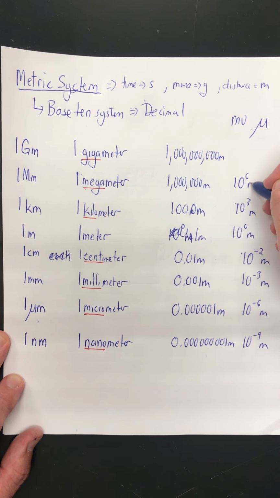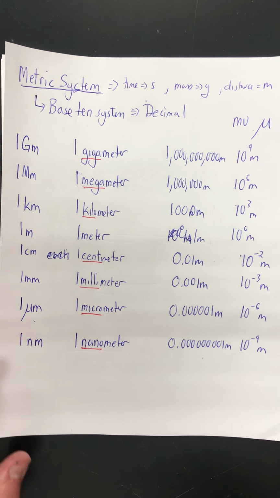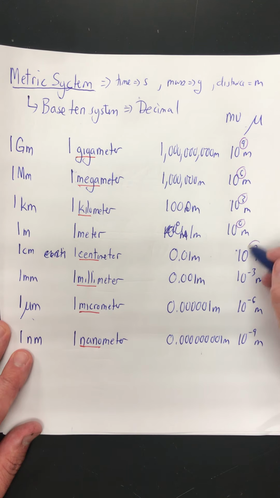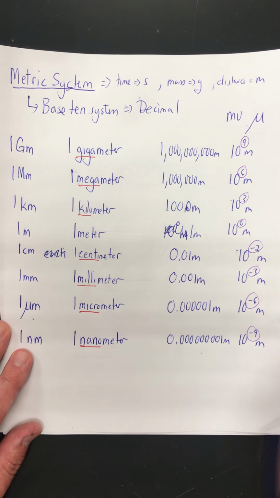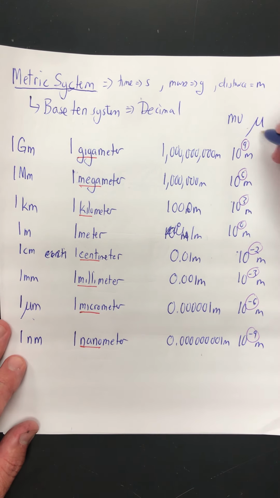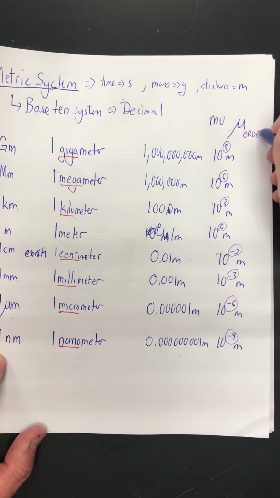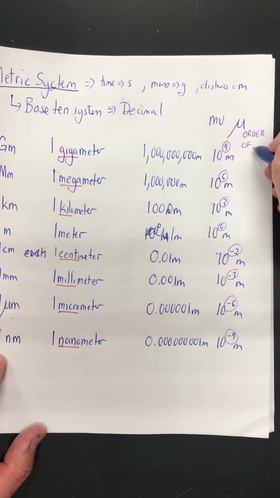And rather than calling them levels, I'm going to give another name for it. When we're talking about the power of 10 associated with a given measurement, we have a name for that. It is called the order of magnitude.